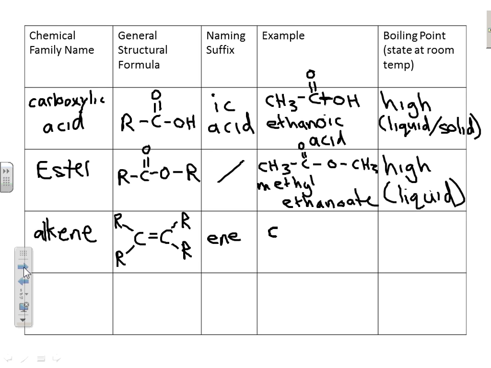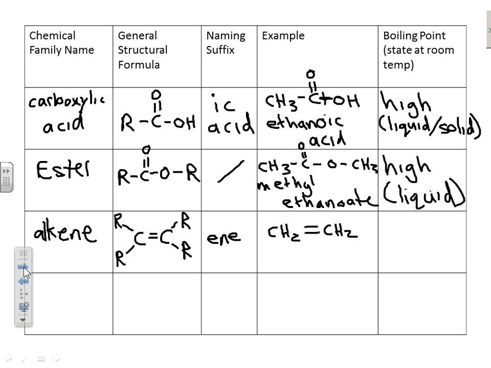And if I write the simplest one, CH2 double bond CH2, what's that called? And here you're going to have to know how to name those. Ethylene, that's an old name. That would be correct again. They used to call it ethylene, but we don't call it that anymore. Ethene.